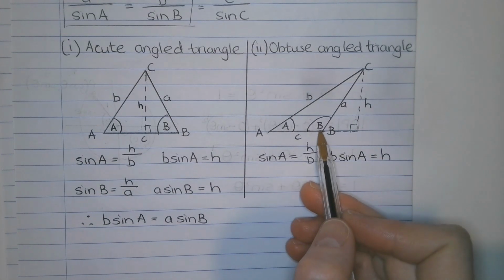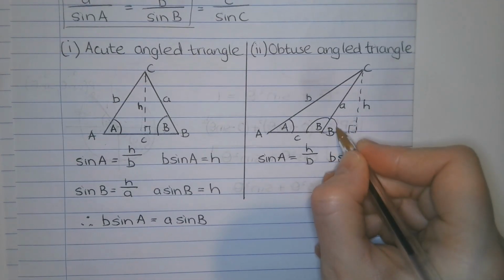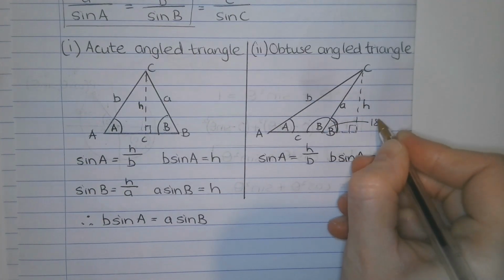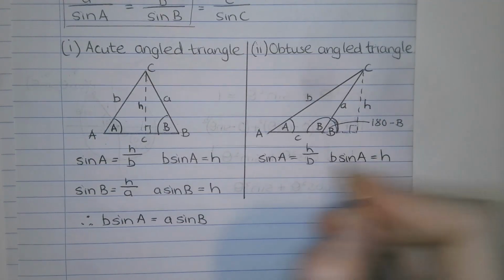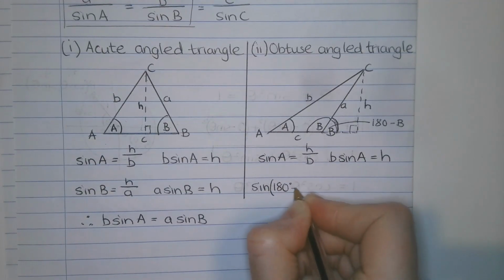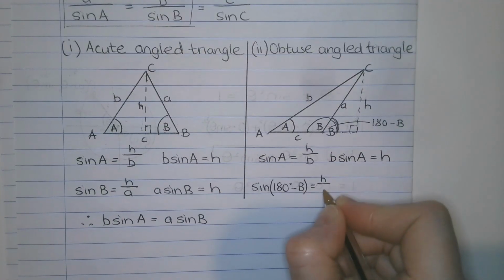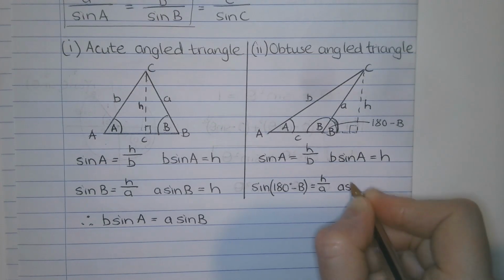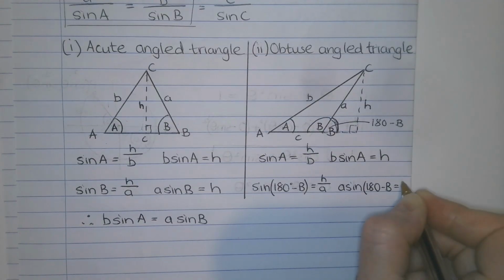Similarly here, instead of looking at the angle B, we're actually going to be looking at this angle here, which would be considered to be 180 minus B, because it's on a straight line. So we're going to look at the sine of 180 degrees minus the angle B would be equal to h over a. Therefore, a times the sine of 180 minus B is equal to h.